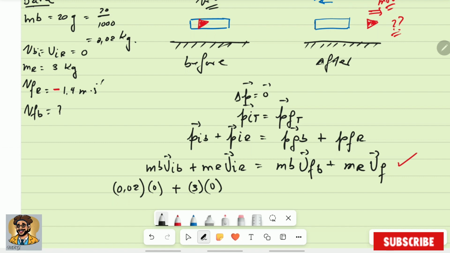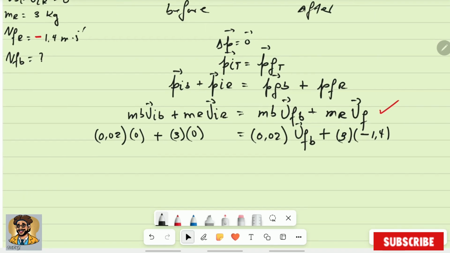That is before. This is equal to 0,02 times the final velocity of the bullet, which we are looking for, plus 3 kilograms times the final velocity of the rifle, negative 1,4.